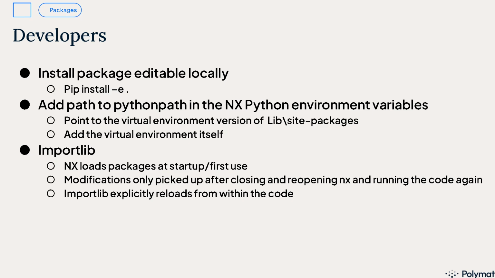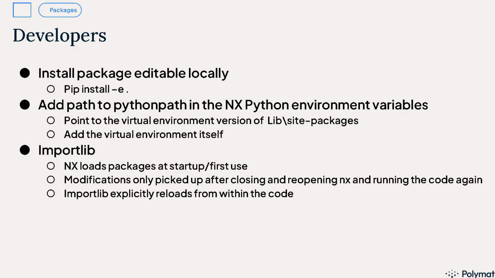And then also importlib. You might have noticed that when we ran the simple cat facts the first time, it took a bit longer than the second time. That's because NX only loads it the first time it's used, and then it stays loaded, so it runs faster.